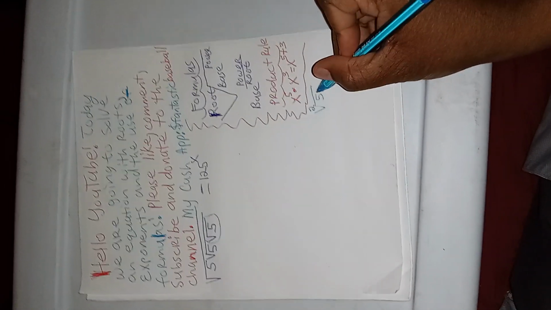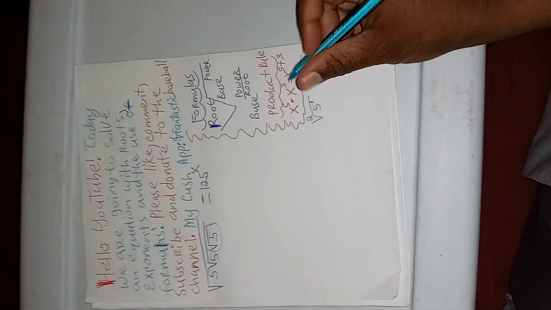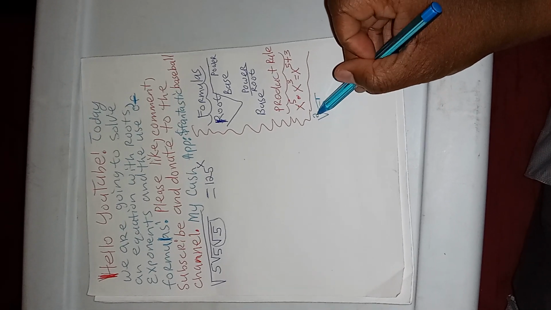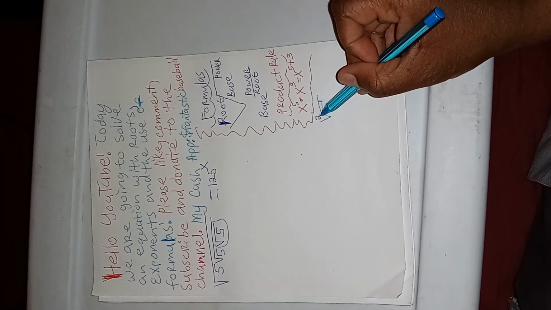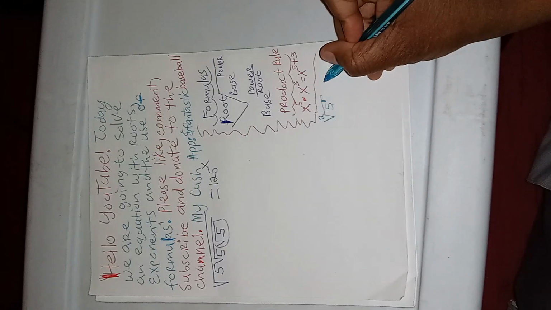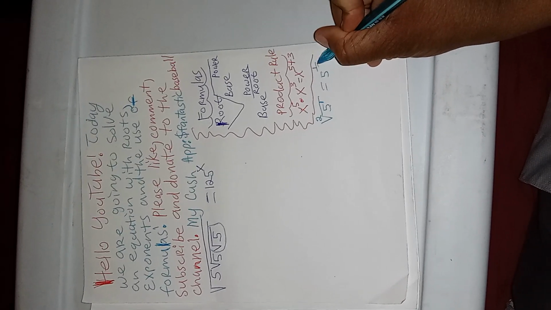And 5 can be written as 5 to the power of 1. And when we flip this, see here, 5 is considered the base, 1 is the power, and 2 is the root, or the root index. And this can be flipped to 5 to the 1/2 power.